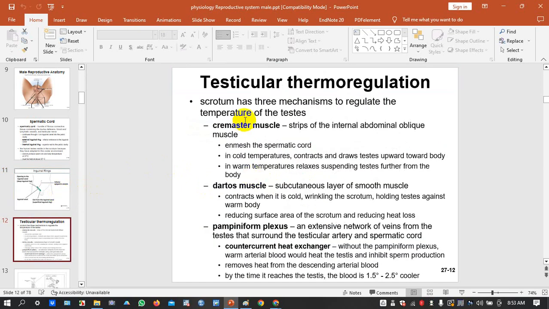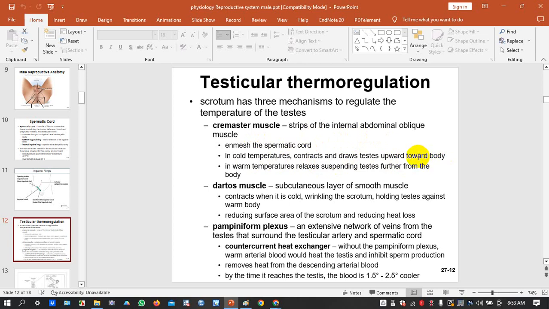Okay, the scrotum has 3 mechanisms to regulate the temperature of the testes. We have the cremaster muscle, which strips off the internal abdominal oblique muscle and invests the spermatic cord. So in cold temperatures, the cremaster muscle contracts and draws the testes upwards towards the body.